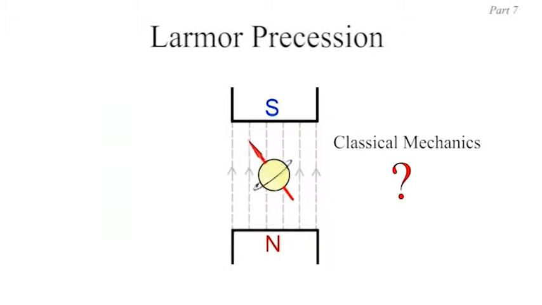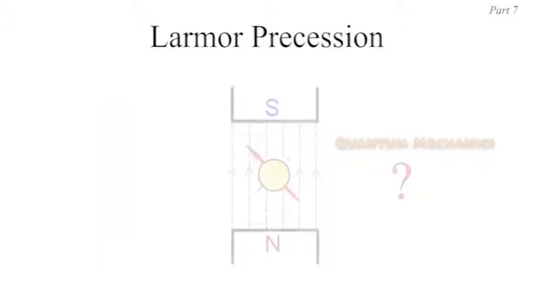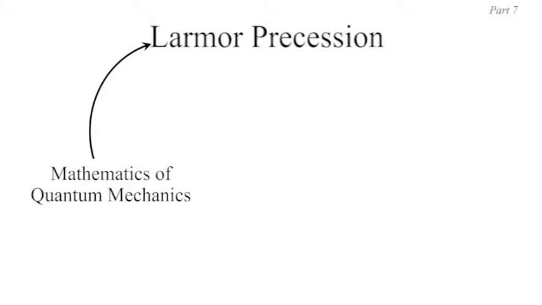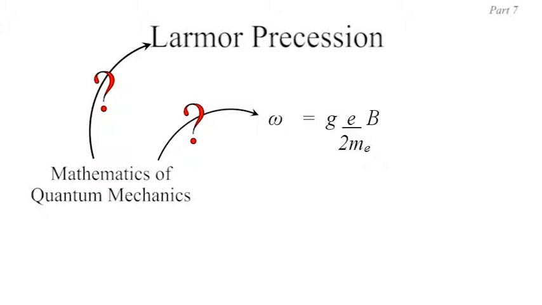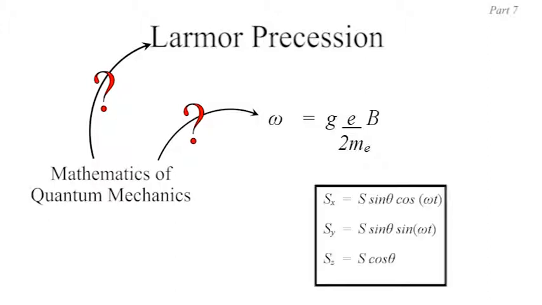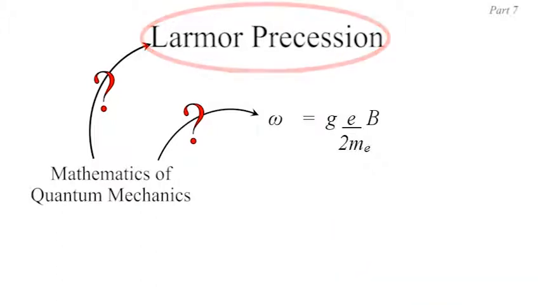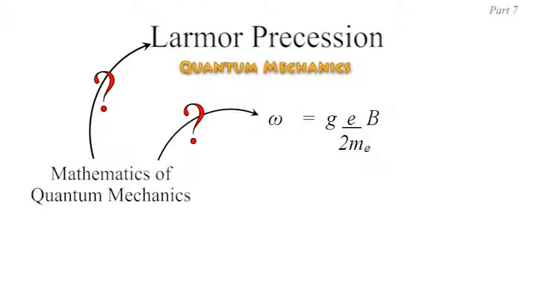Or does it really happen in some way at the quantum level, and can it be explained by quantum mechanics rather than having to resort to classical mechanics? Can Larmor precession be predicted from the mathematics of quantum mechanics, and can it give an expression for the Larmor frequency? Okay, we know we can't actually calculate the components of the spin like in the classical situation, but could we somehow show Larmor precession from the mathematics of quantum mechanics?